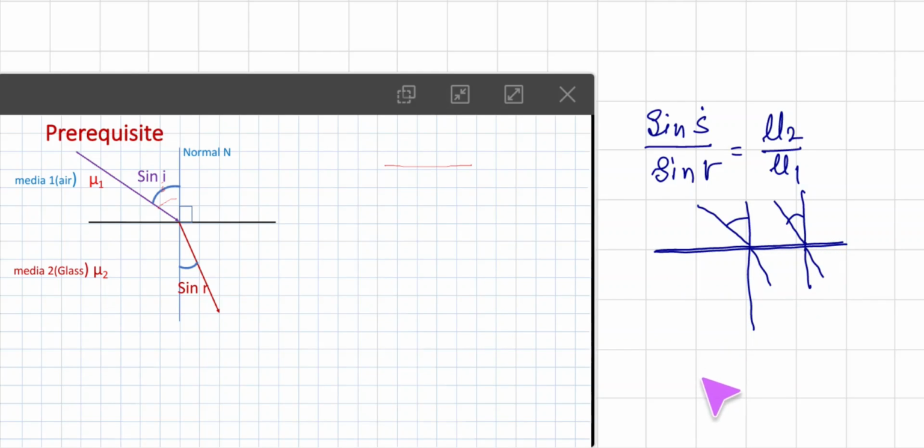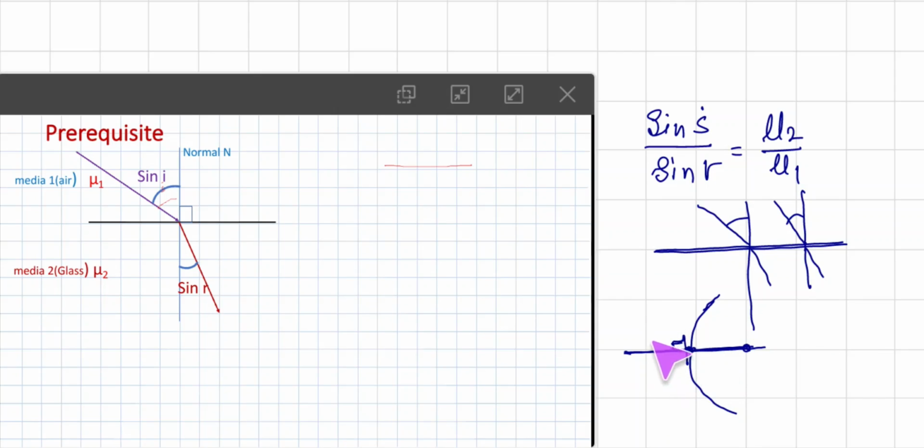Now when we talk about the lens, the surface is not plane. Remember that it is a curved surface. Let us consider this is the optical center. Whenever a ray falls at this point, the incident ray is completely normal, so it goes straight.